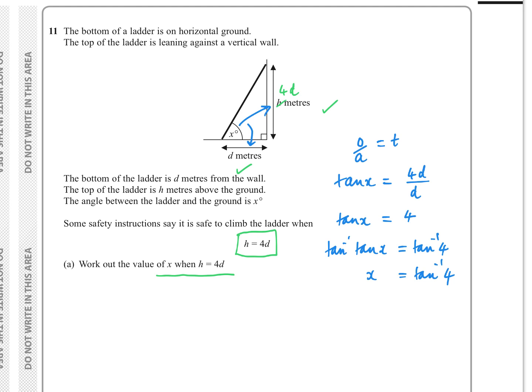So inverse tan of 4, and that gives us in degrees, and the calculator display gives me 75.96375653, and we want, well, it doesn't tell us what to give it to, so I'd probably say 1 decimal place or 2 significant figures. Either way, x is going to be 76 degrees, and I'd probably say to 2 significant figures here.